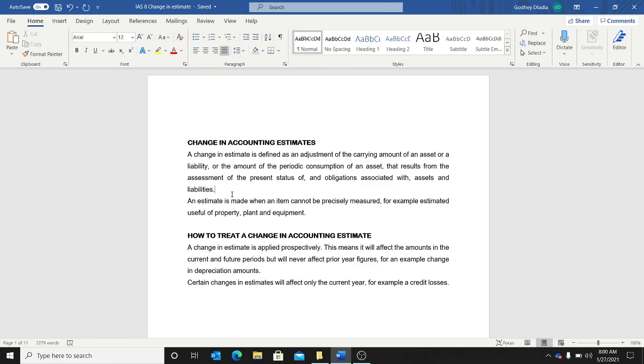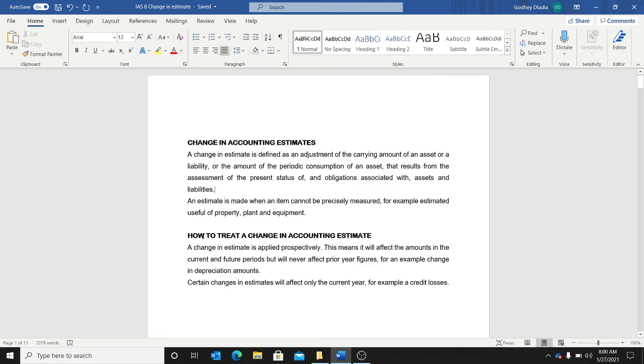What happens if, as you go along and check the information at your disposal, the situation has changed? The useful life is 6 years now, or 7 years, or even less than 5 years in terms of this car. What then do you do?